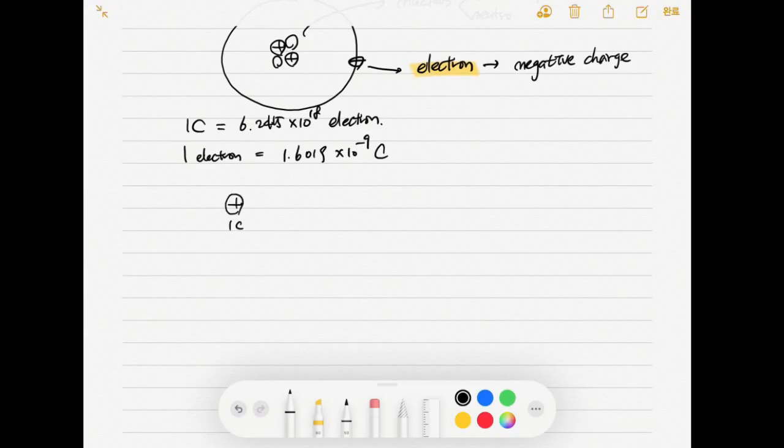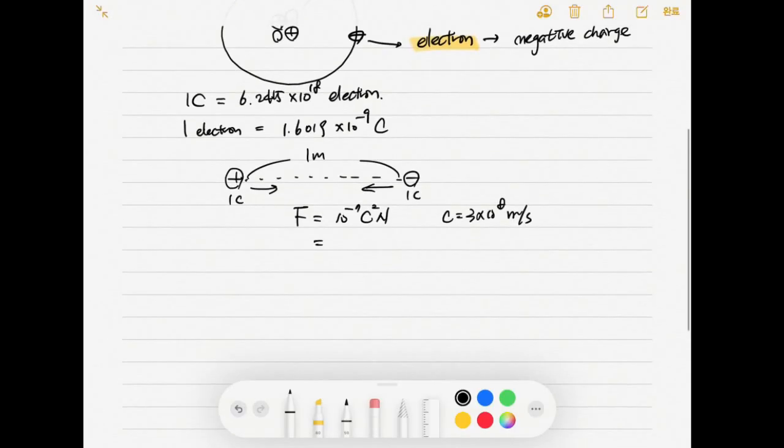Generally, if there is 1 coulomb of positive charge and 1 coulomb of negative charge, and the distance between them is 1 meter, then there will be a force F between the two charges. It's quite a huge force.